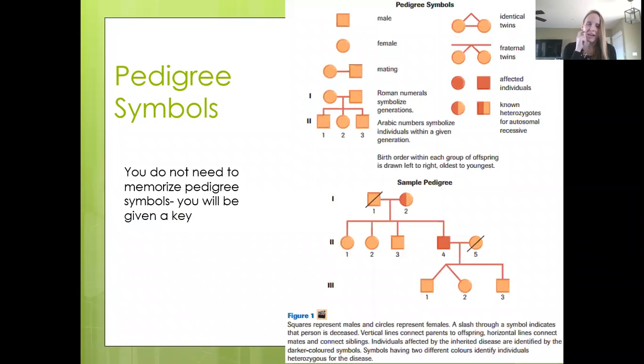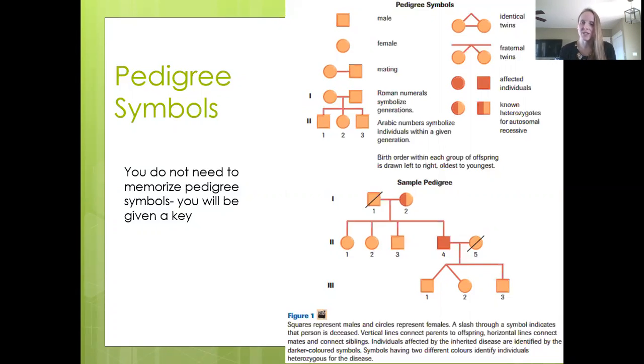These are some of the different pedigree symbols that you'll be using. So a square represents a male, a circle represents a female. If a square and a circle have a line between them, it means that they're married or are together or have children together. If you have a line coming down from that, anything that's coming off of that line are the children.